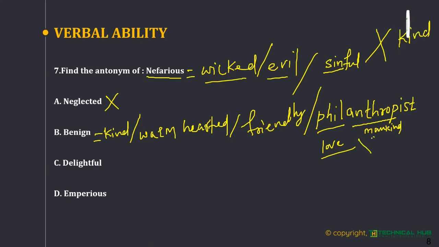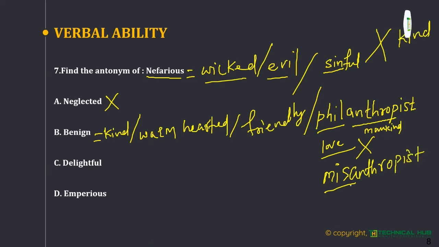The opposite of philanthropist is misanthropist. Whenever you add mis in front of a word, it becomes the opposite of the word: understanding, misunderstanding; communication, miscommunication; fortune, misfortune. So misanthropist means the one who hates mankind.